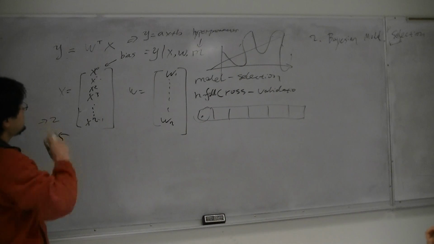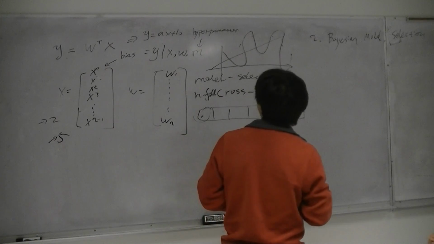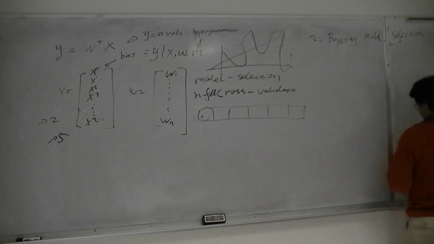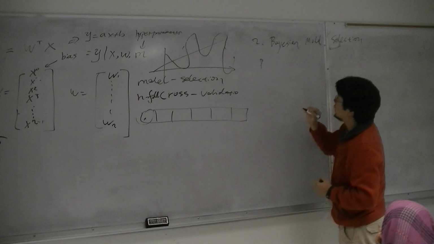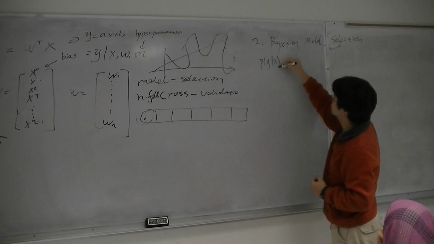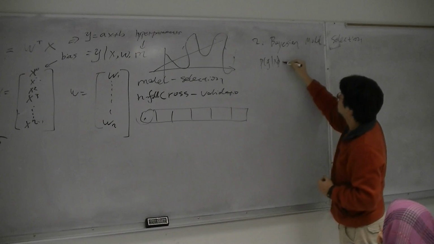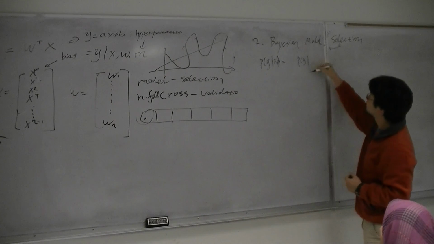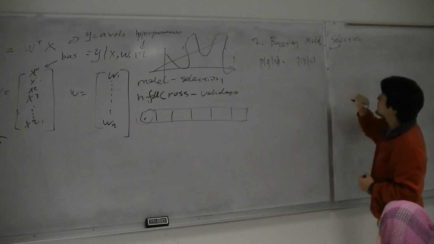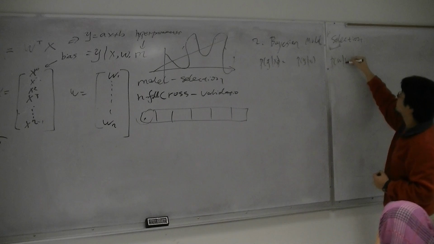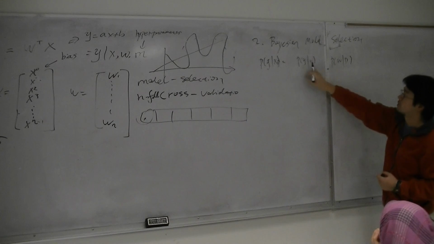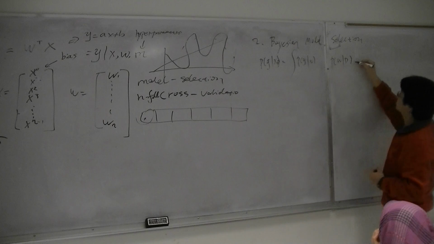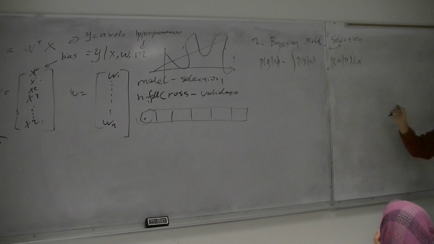So in Bayesian model selection, which is very similar to the Bayesian approach in Bayesian methods, if we are going to make a prediction given the data, we are going to first write down the posterior probability of the parameter, and then make the prediction with that certain parameter, and then we integrate over all possible parameters.